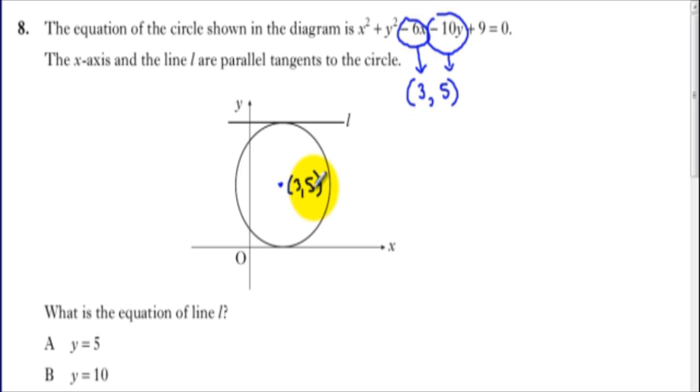Now the y-coordinate 5 means that we go up 5 from the x-axis to get to the centre. So in order to get up to this point, we'll have to go up another 5. So the y-coordinate of this point is 10, its x-coordinate is 3, but we're asked the equation of the line L, so the equation of the line L is y is equal to 10. So the answer to this is B.